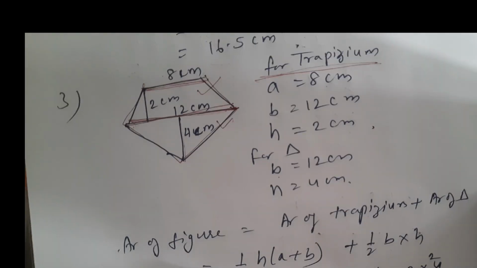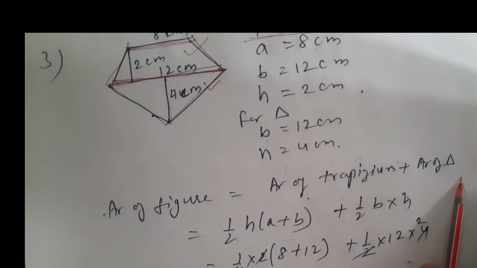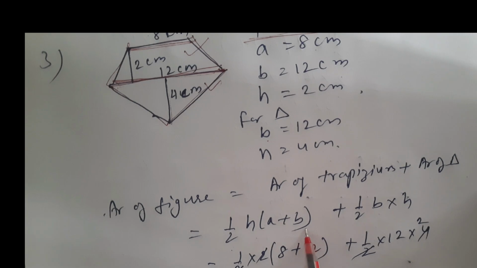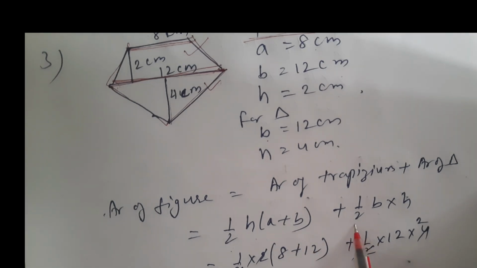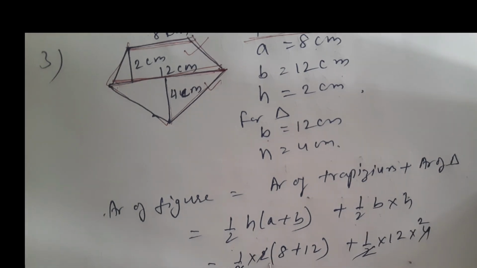So to find the area of the figure, we need to add the area of the trapezium and the area of the triangle. Area of trapezium, already you know the formula, that is half height into (a plus b), and for the triangle we use this formula from lower standards onwards, that is half base into height. Now here replace h with the height of the trapezium, that is 2, and parallel sides which are 8 and 12.